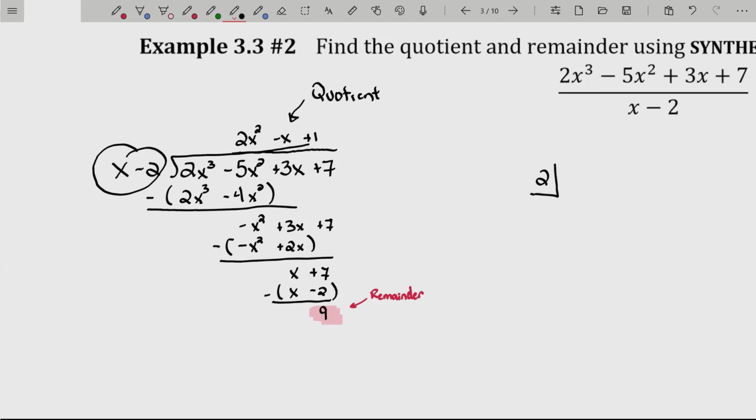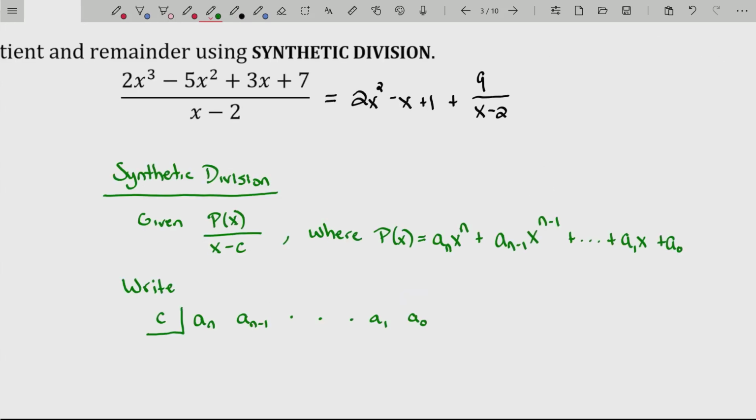So let me write this down formally. So synthetic division, if I give you a polynomial divided by a linear factor, and what's critical about this is a linear factor with a coefficient of 1 on the x. That's kind of important for this division algorithm to work properly here, for synthetic division to work.